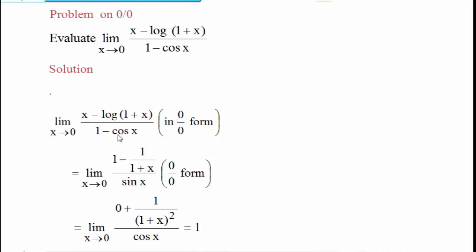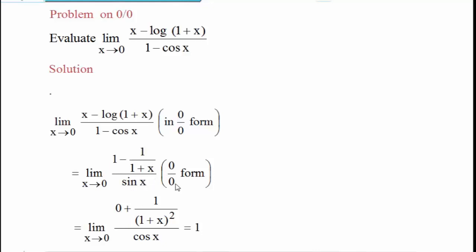The derivative of x is 1, the derivative of log of 1 plus x is 1 upon 1 plus x, then the whole divided by the derivative of 1 minus cos x, which is sin x. Then again we check the form, replace x by 0: 1 minus 1 is 0, sin 0 is 0, again the 0 by 0 form.